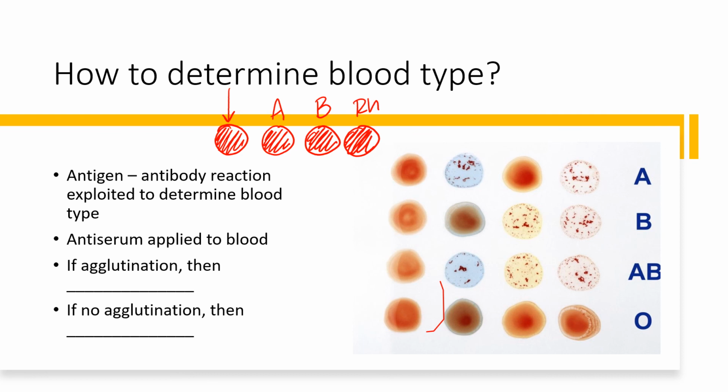In the A well, you apply anti-sera, which is manufactured antibodies in a liquid, that is designed to attack type A blood. You do the same thing for B with anti-sera that's designed to attack type B blood. And in the final well, you use anti-sera that's designed to attack Rh factor. What you look for is what's called agglutination. It's going to look spotty like these.